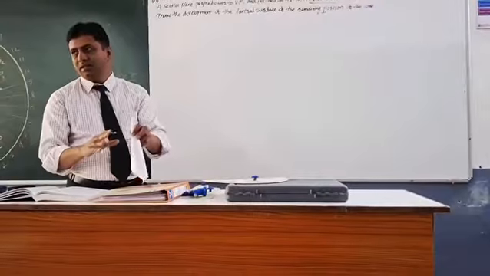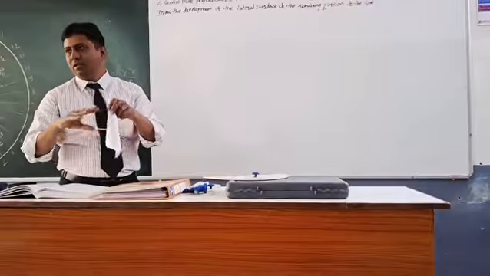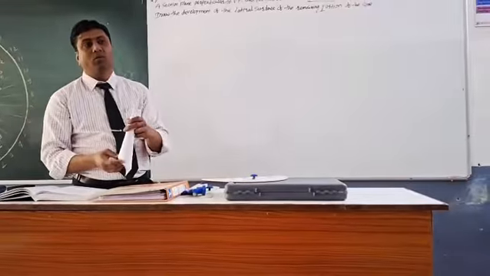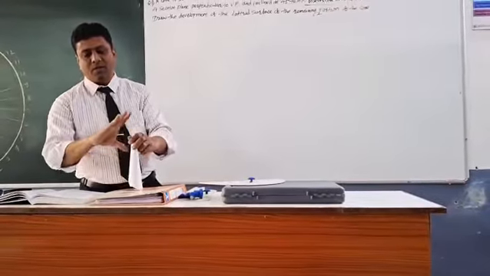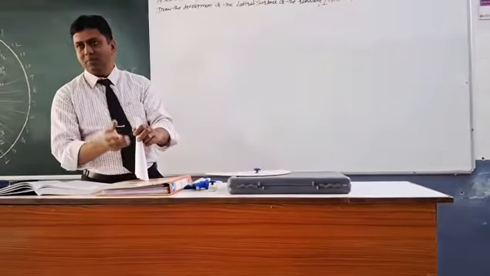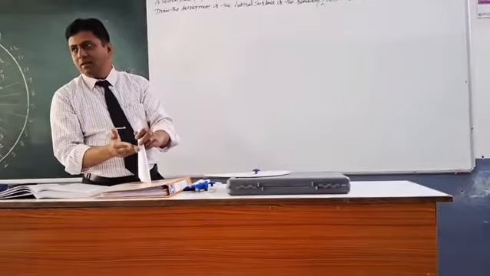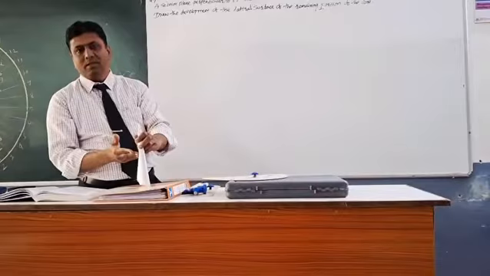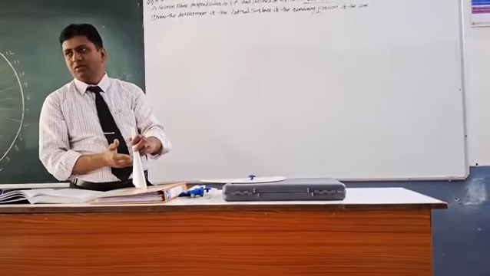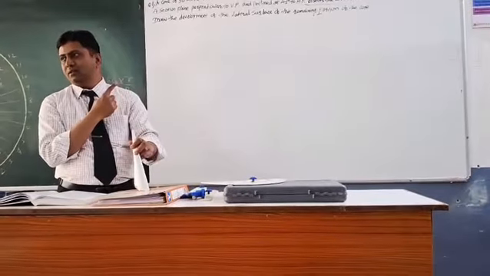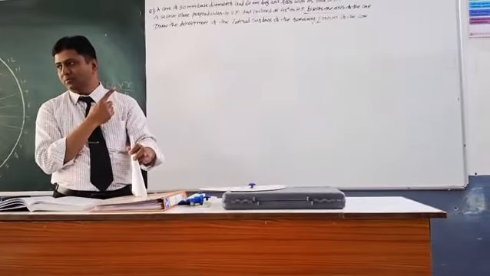Bisect means it will divide into two equal parts. So whatever the length of the axis is, you have to take the midpoint, and from that midpoint the plane is cutting the axis of the cone. That is the meaning of that sentence: bisect the axis of the cone.